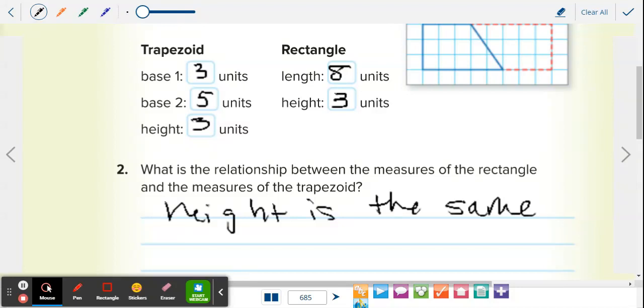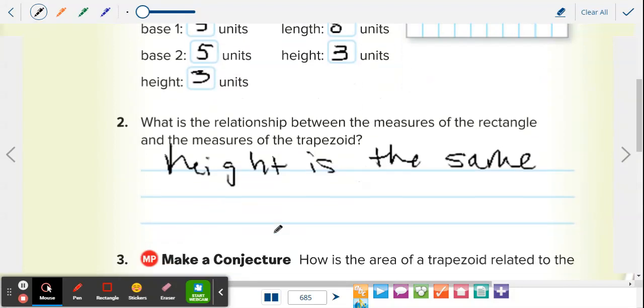What else can we say about those measurements? What else do you notice? Anything else that they have in common? Well, the height's the same. The other numbers are not the same, but there's something else that's going on there. What if you add up base 1 and base 2? It equals the length.